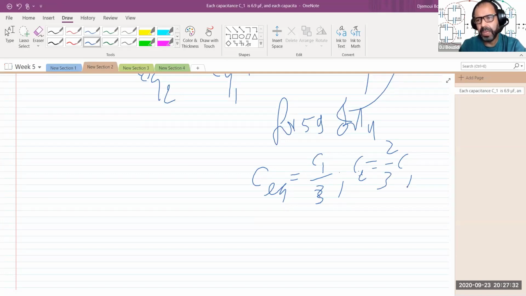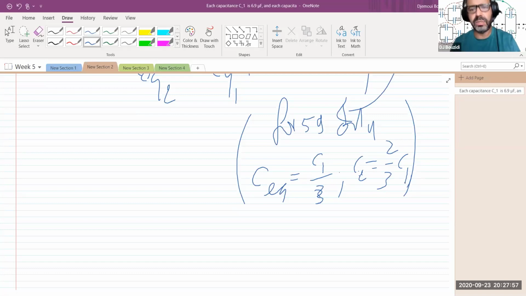In other words, the 4.6 plus the 2.3 is exactly 6.9, which is our question of the day today. This is only true for problem 59 of the homework. So the fact that this C equivalent works this way is only for problem 59. So please do not generalize this one. I want you to really have that emphasized.